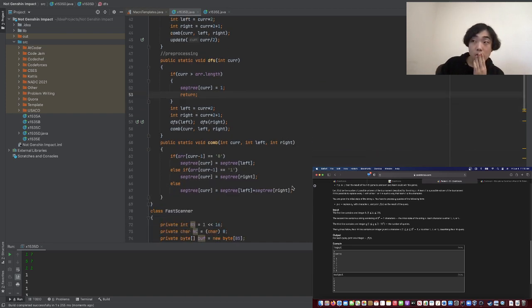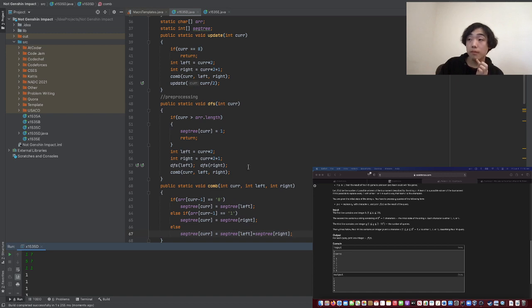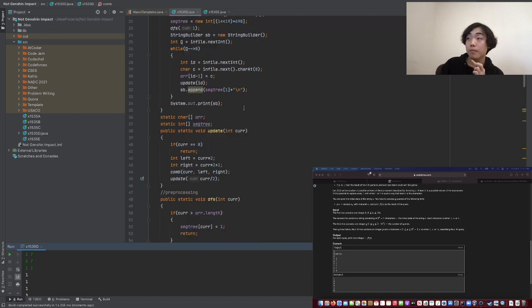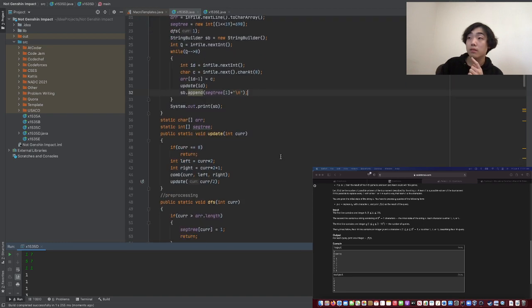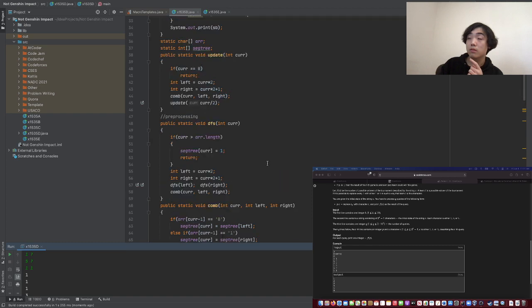Let's see. I changed it and then I update app ID. Yeah, because I only update this node. It doesn't affect any nodes below it.